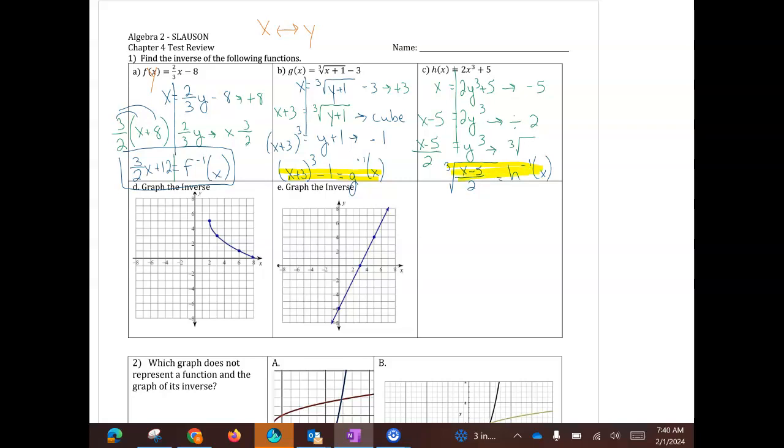Okay? All right, if you have a picture, then what we need to do is switch the points around. So first establish what are the x's and y's we're going to work with, and then just switch them around.